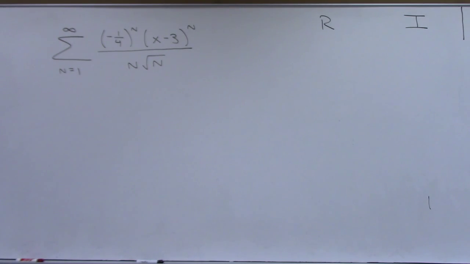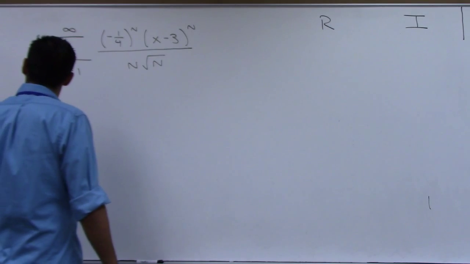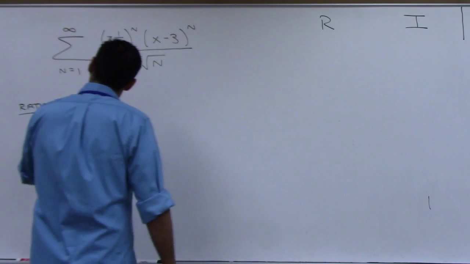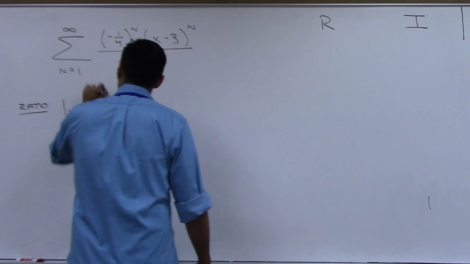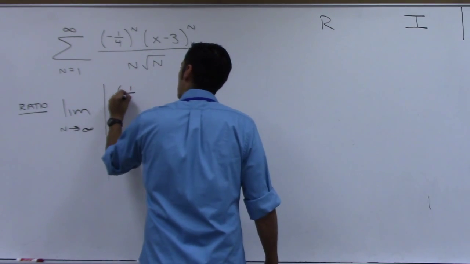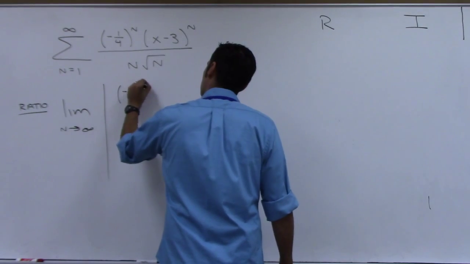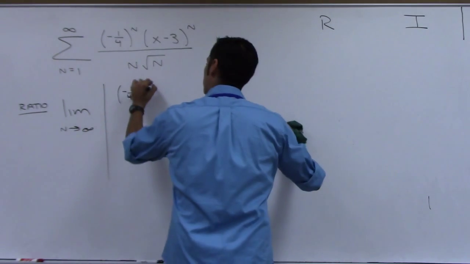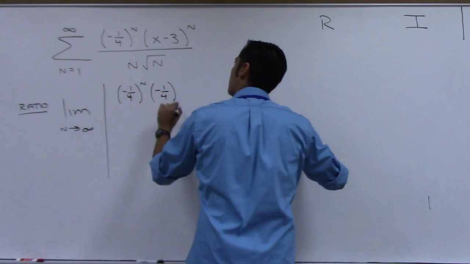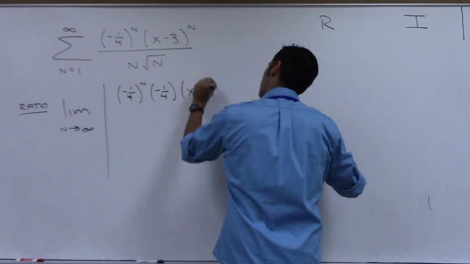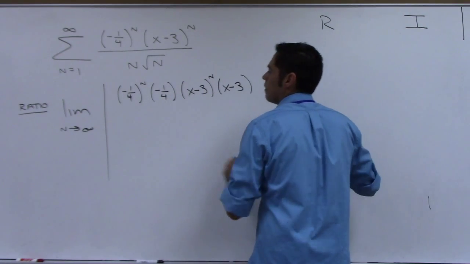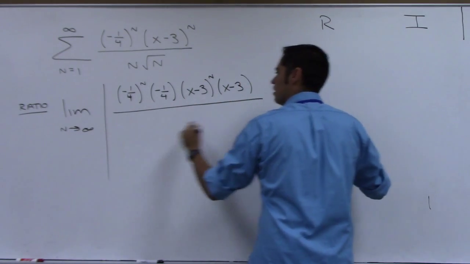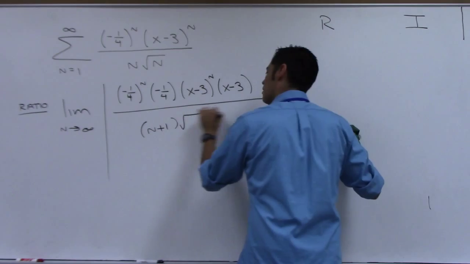All right, so how do we find where that converges? Ratio test. Limit as n goes to infinity. You getting tired of it yet? Negative 1/4 to the n plus 1, but I'm going to split it now, all over n plus 1 times root n plus 1.